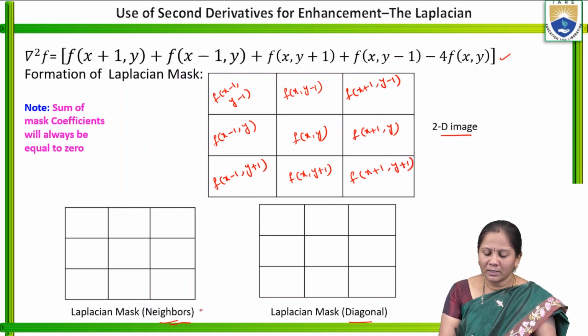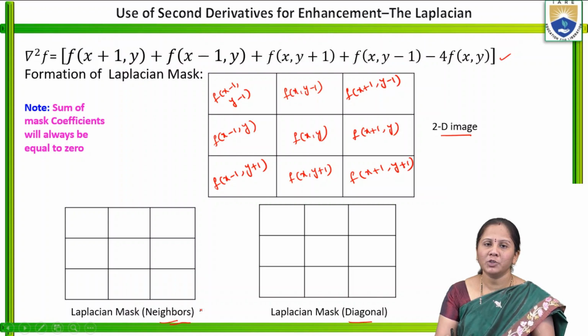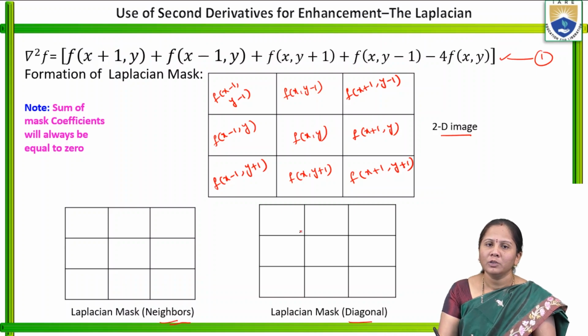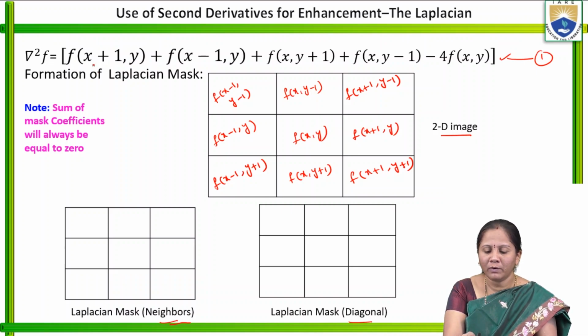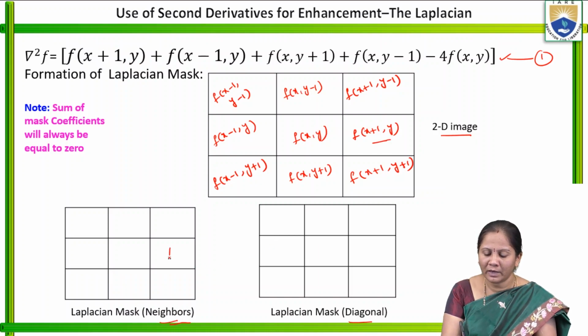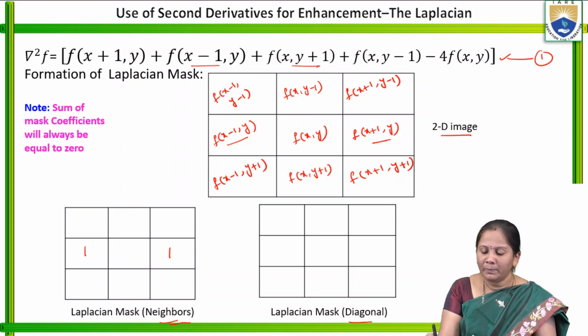Now, how to consider the neighbors of the Laplacian mask? You can see this equation. Whichever variables are available: f(x+1,y), so here we can have 1. f(x-1,y) is there, we can have 1. f(x,y+1), we can have 1.